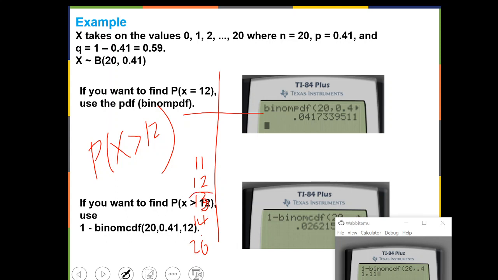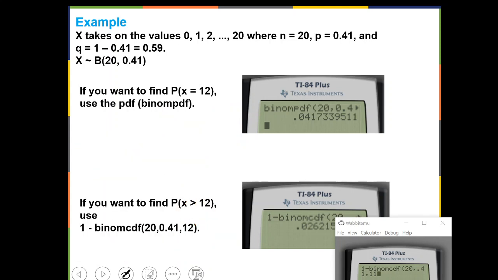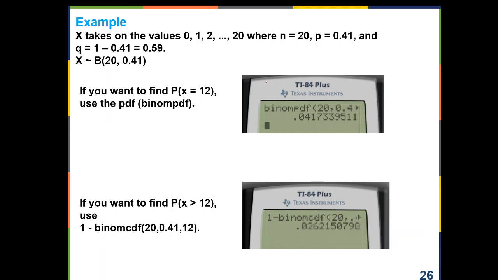So it doesn't include 12, so I have to include all that and then subtract that from it. So I'm going to have to put what? I have to put 12 in here, and you see it there. Sorry about that. I was trying to add another one besides the one that I already have here.